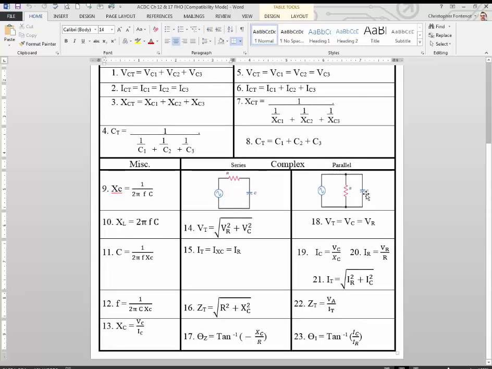When you have a resistor in parallel with a capacitor, that is known as a parallel complex. You use only formulas 18, 19, 20, 21, 22, and 23. You don't cross this line at all. Meaning if you're trying to calculate this type of circuit, you don't go over here and use any of these formulas, and vice versa.